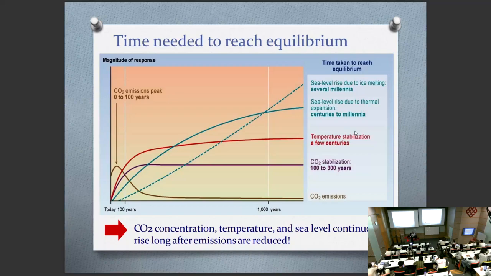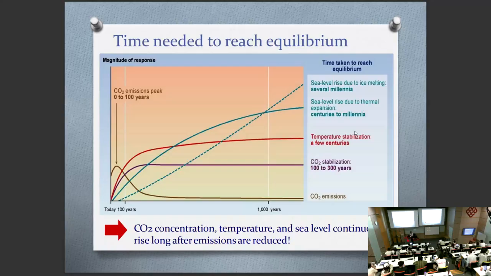But you have to understand that greenhouse gases like carbon dioxide have a long lifetime in the atmosphere. Once carbon dioxide is released to the atmosphere, it's almost there forever.